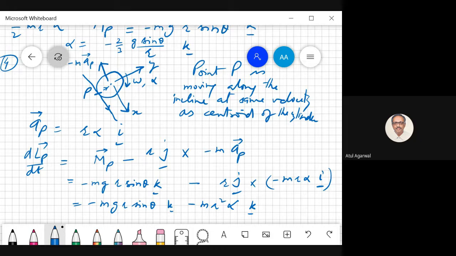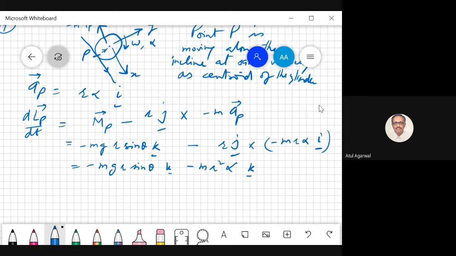Now in this case, you see, this term is not going to 0 because this inertial force has a cross product with this z vector. This is I vector. So you are not having a 0 term.